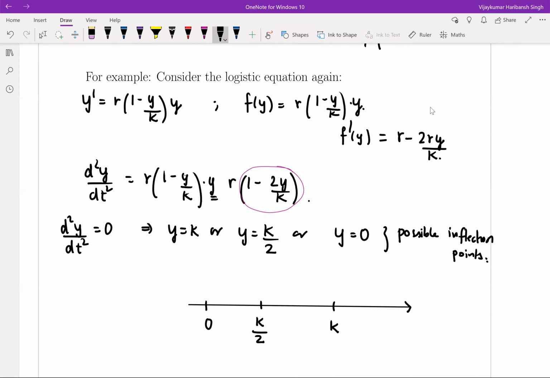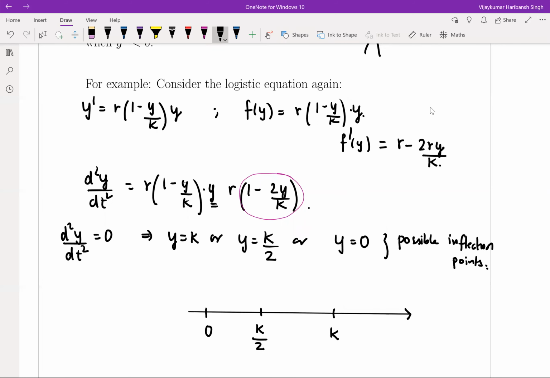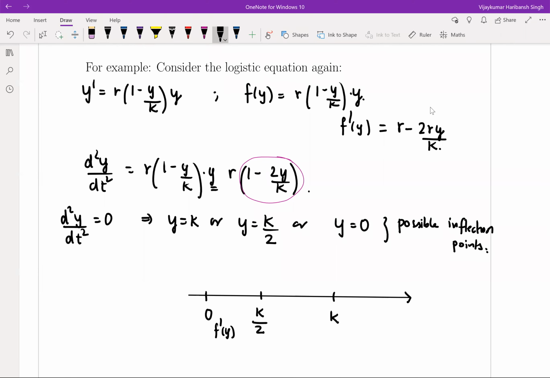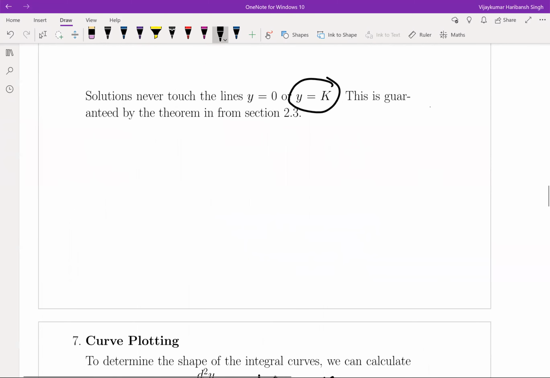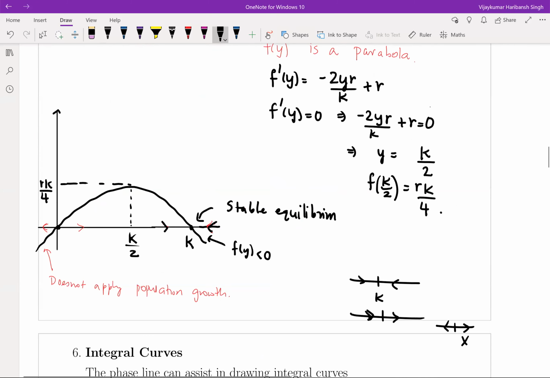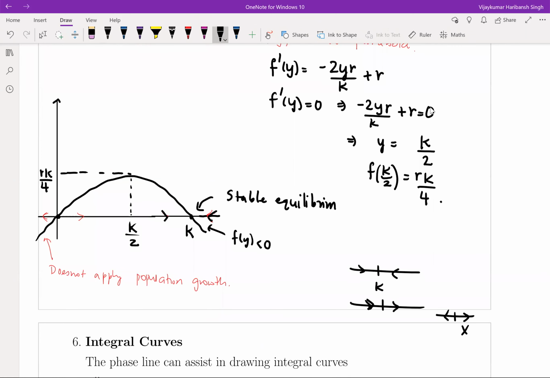Now let's see, what is the sign here? In this range, f'(y) is going to be greater than 0, and for f(y), we have already computed that, so we should patch that information. f(y) is greater than 0 from 0 to k.